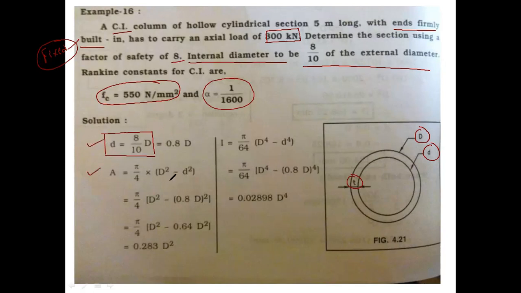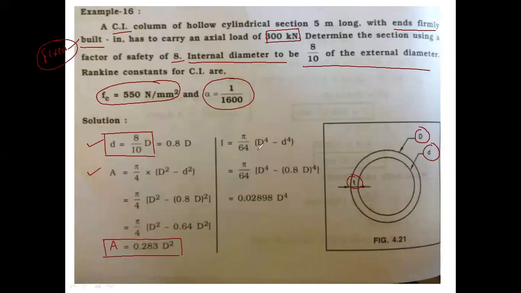And next, calculate the cross sectional area: pi/4 times capital D square minus small d square. This is the cross sectional area formula for the hollow circular section. You know the small d value with respect to capital D, so substitute, and you will get the A value as 0.283 capital D square.